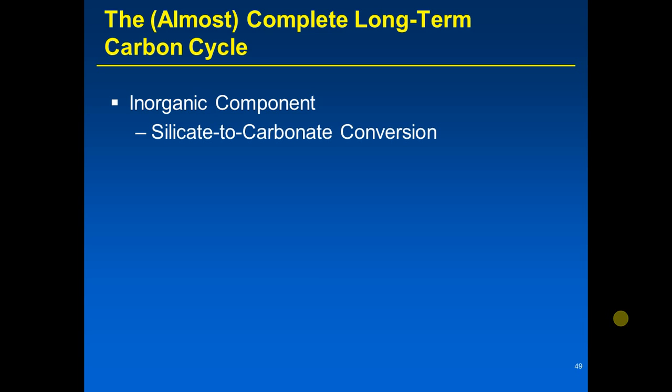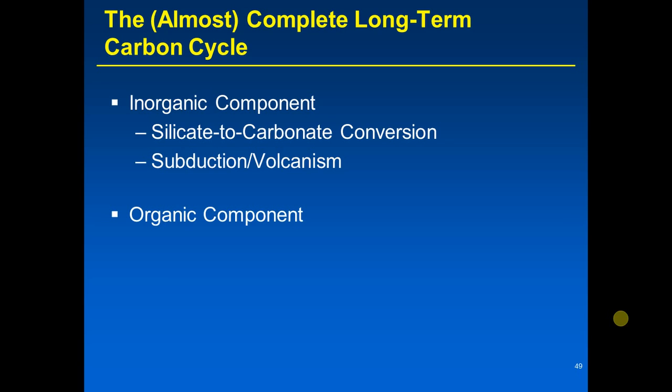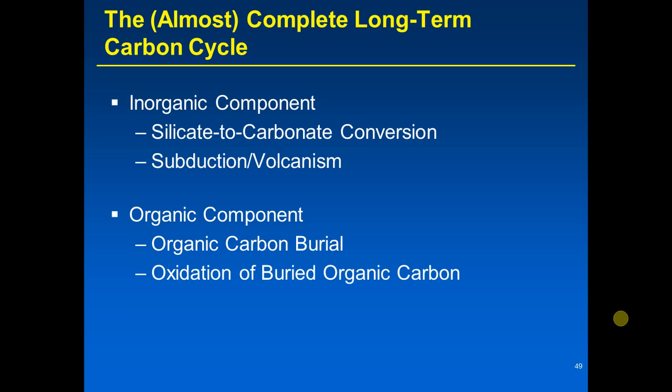The silicate to carbonate conversion process and subduction/volcanism are considered inorganic components because they don't require life in order to happen. But the last two, organic carbon burial from trees and plants, and oxidation of buried organic carbon, are considered organic components because they basically need life in order to happen completely.